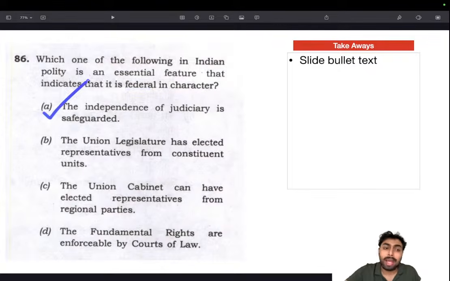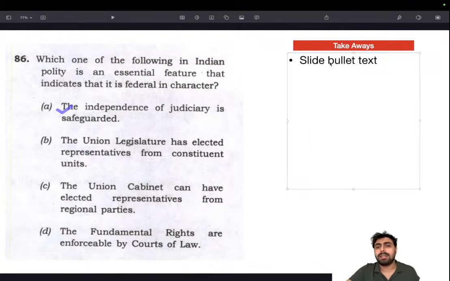So this is the answer. These two things are the practical political side of things. They are true. I'm not saying this is false or anything, but this is the essential feature that indicates the federal character of our Indian polity. So this is the answer.